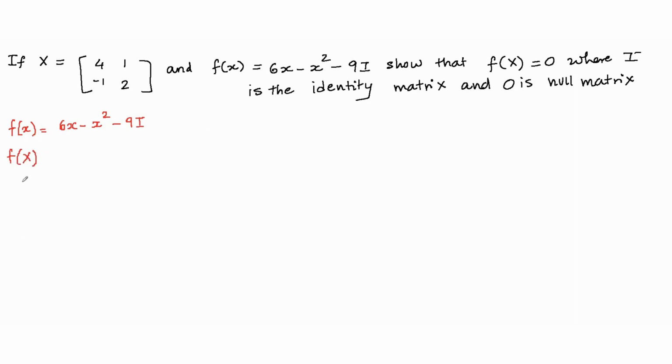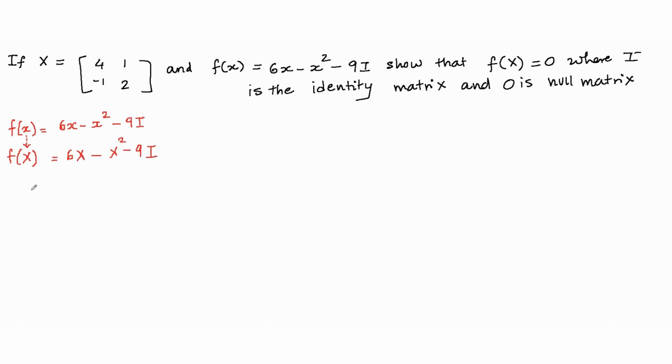So when I have f of capital X, what it means is I have to substitute wherever I see a small x with this particular matrix. So it becomes 6 capital X minus X square minus 9I, right? Now I have to find the values of 6X and X square.